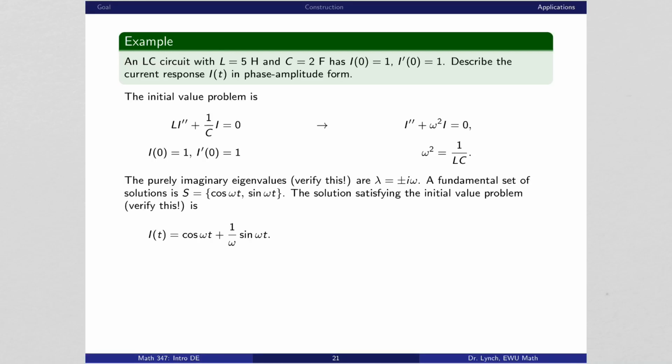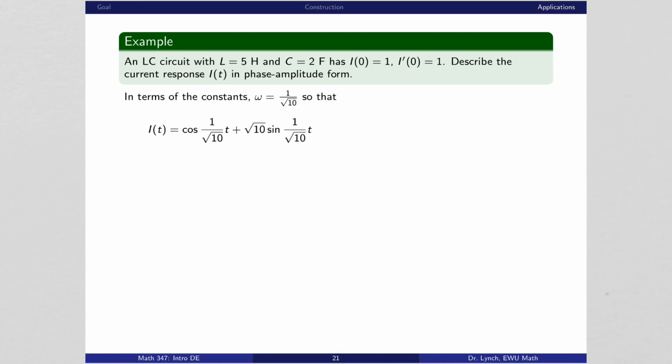Okay, so to express this in phase-amplitude form, I'll go ahead and first substitute in omega equals 1 over square root 10, and then identify the amplitude A, again, as the square root of the sum of those coefficients of cosine and sine squared. Okay, so here's A, the square root of 11, right? That's the square root of 1 squared plus the root of 10 squared.